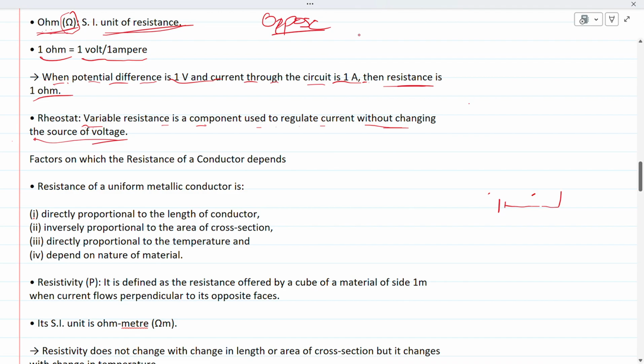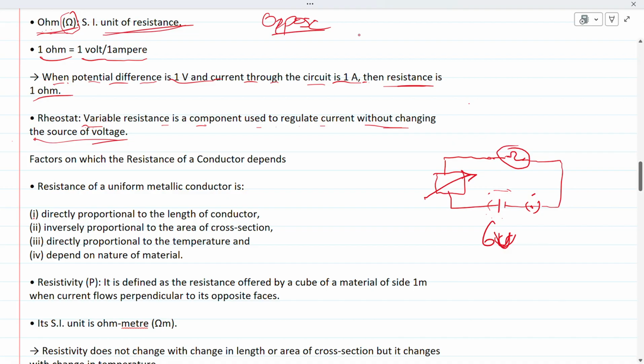Suppose this is a circuit, and suppose this is a rheostat. A rheostat is a device, a component of the circuit, which regulates the flow of current. This is a 6 volt cell or battery, and it continuously applies 6 volt voltage.